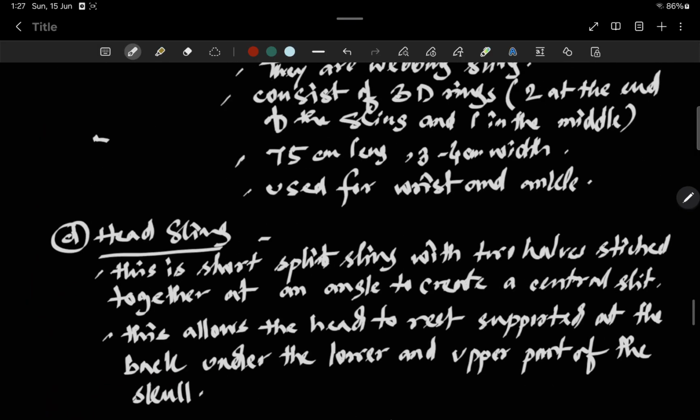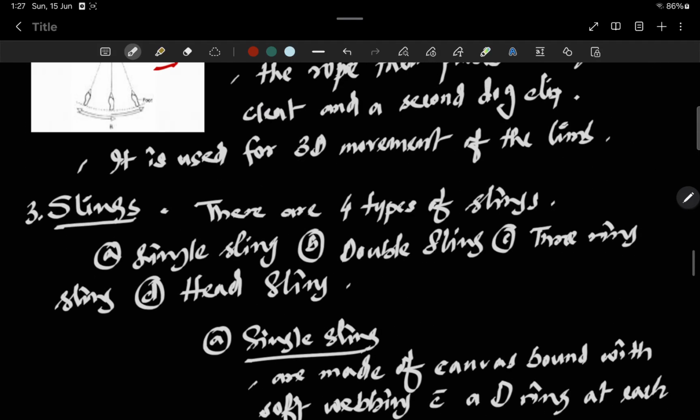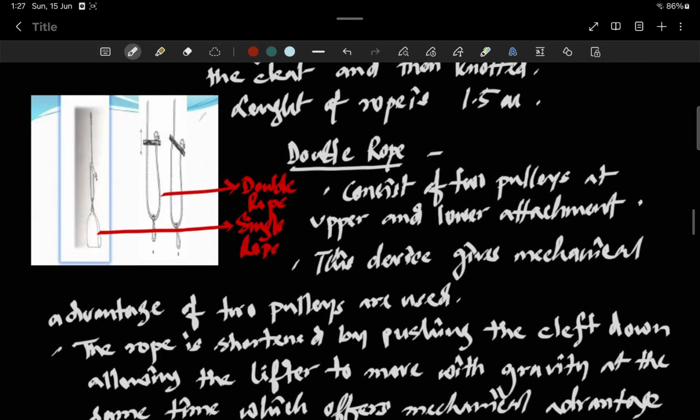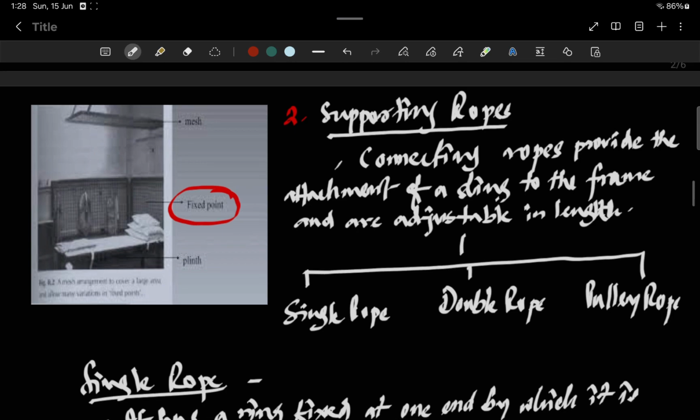So what is mesh? Let's see. This is the mesh. Okay.